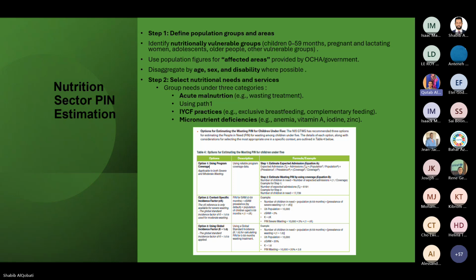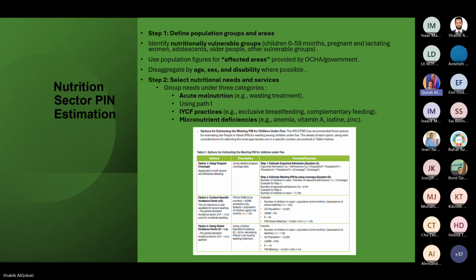And the same for pregnant and lactating women. Usually we have seen MIYCN gets more numbers there. But we put a formula there that BCP again is our preventive intervention. So we are taking the maximum in treatment and in preventive activities. In this way we are calculating our PIN.